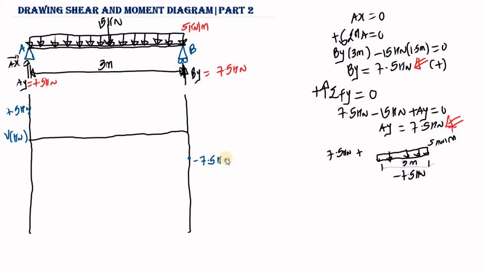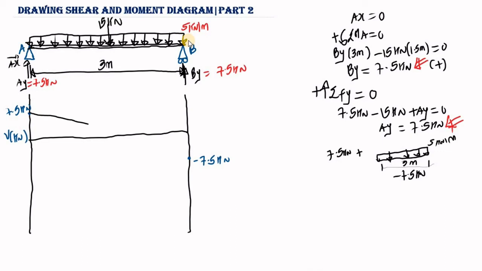Now all we need to do is connect the first value to the next value. As you can see, we have a constant slope. As we move from left to right, the slope is not changing, it is constant. So we just need to connect these two values.